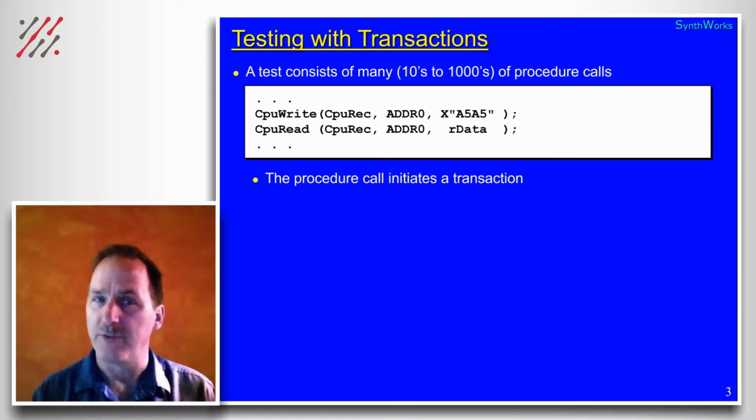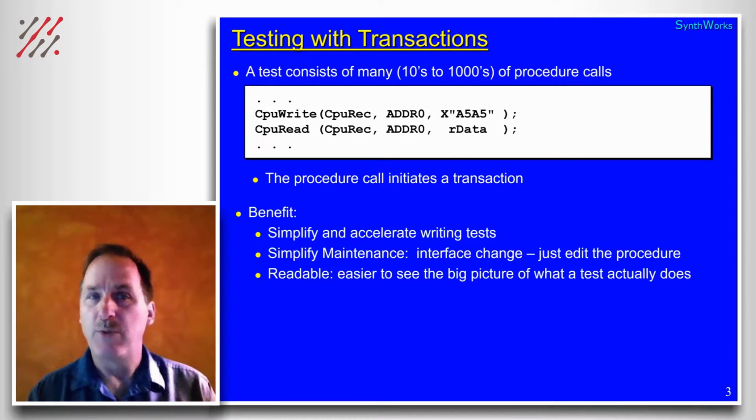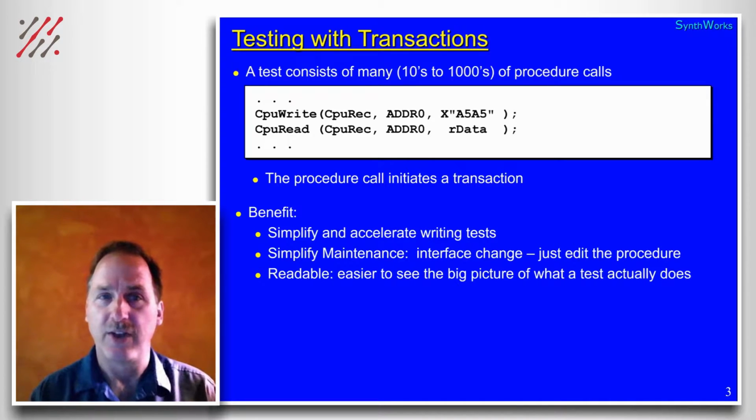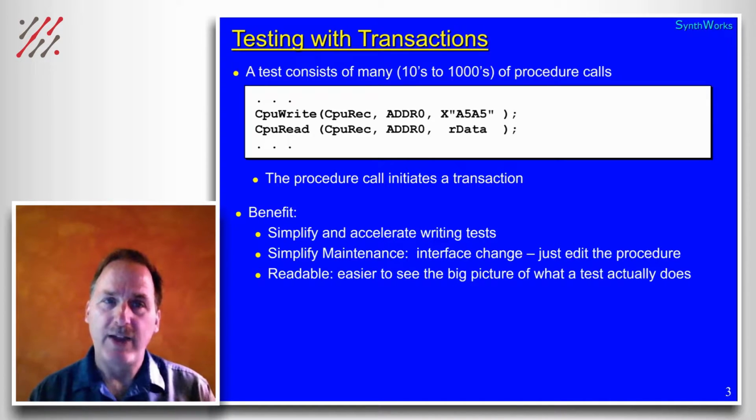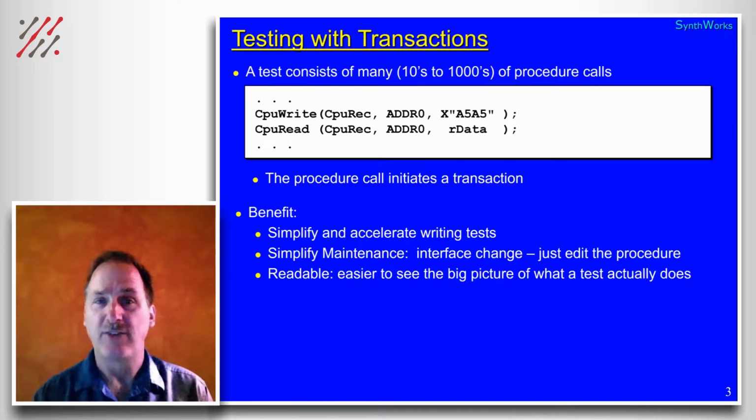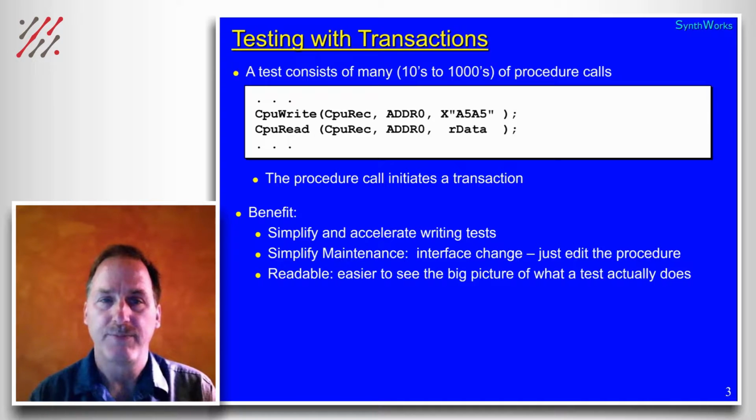We write up sequences of reads and writes, of sends and gets, and we use the procedure calls to initiate transactions. And I like keeping these procedure calls descriptive. So CPU read, CPU write. They're focused on exactly what the transaction is, increasing the readability of the test itself.